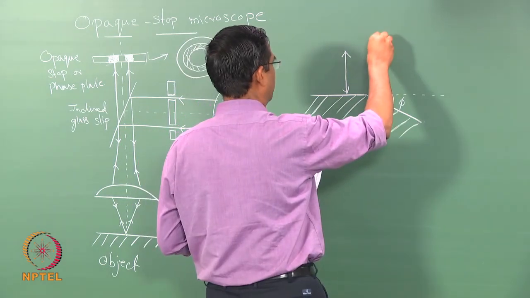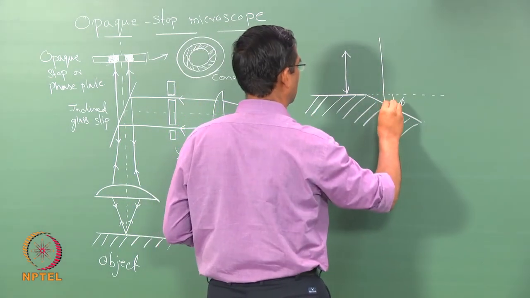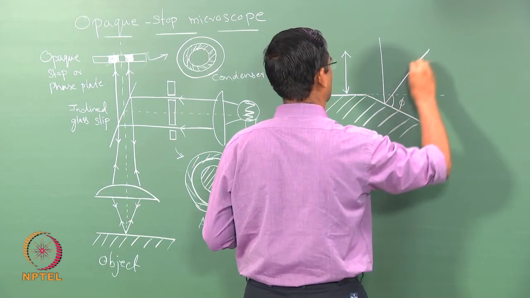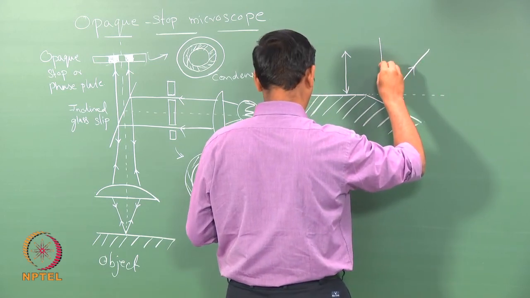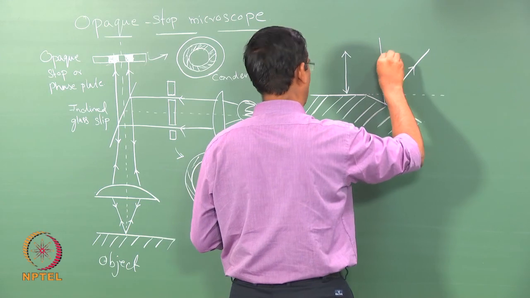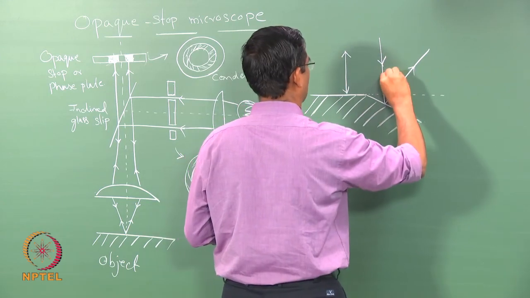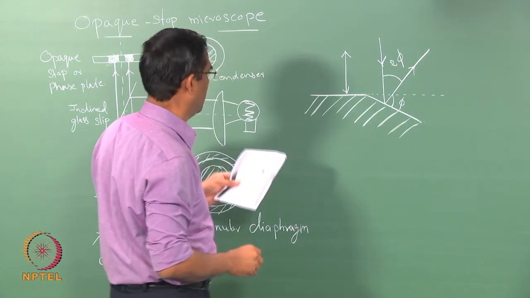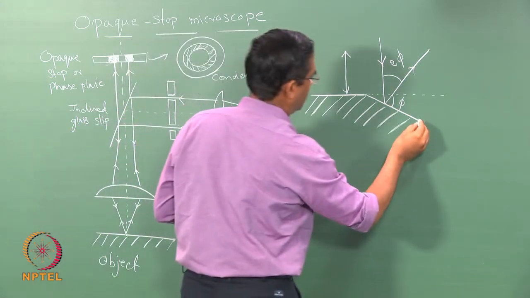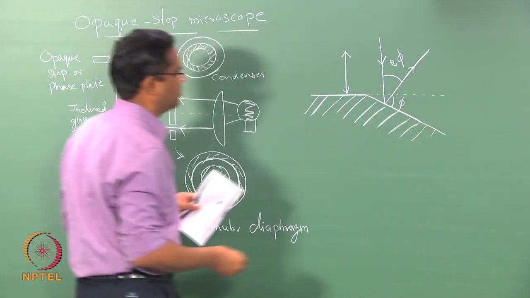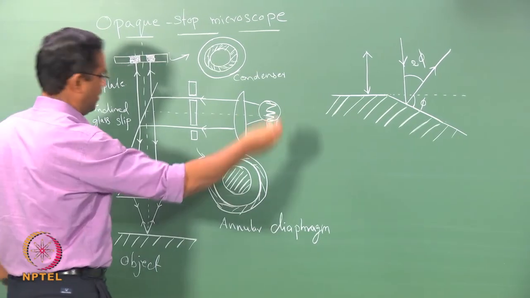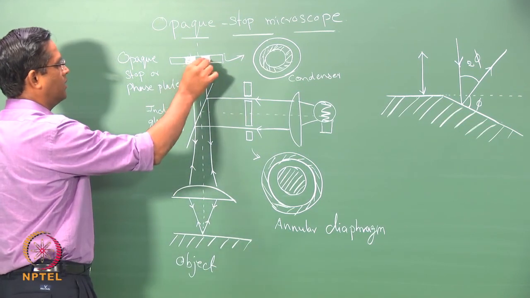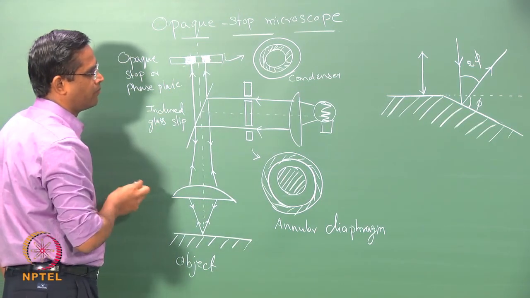If the light falls on this, it will be reflected at this angle. What we are now trying to say is that light reflected from the perpendicular surface will be stopped by this opaque stop or phase plate.